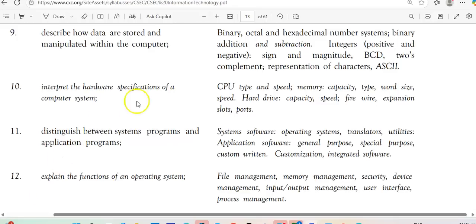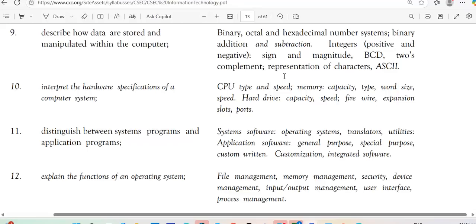We have the CPU, which is the central processing unit, the brain of the computer. The type is the model or architecture of the CPU, for example, Intel Core i5 or AMD. The speed of the CPU is measured in GHz. It indicates how many instructions the CPU can execute per second.